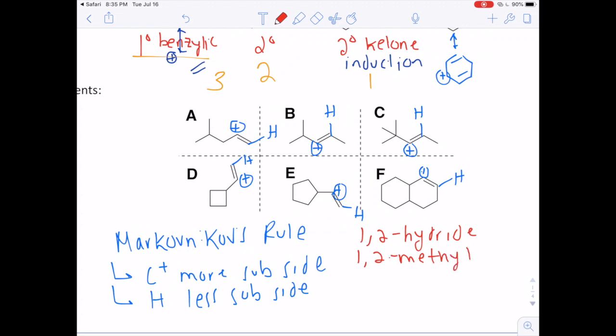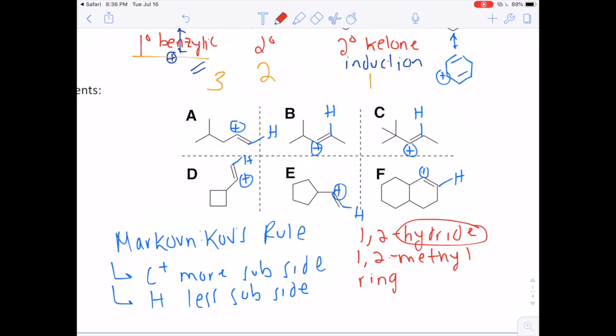A 1,2 methyl shift happens when there's no hydrogens possible to move, and the only other option would be to move a methyl group to form a more stable carbocation. When we have this choice of either a hydride shift or a methyl shift, it's always easier to move a hydride than a methyl, because the hydride is a single atom, while a methyl is a complete bulky group. It's a CH3 group.